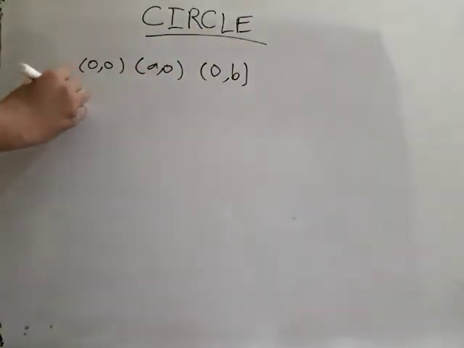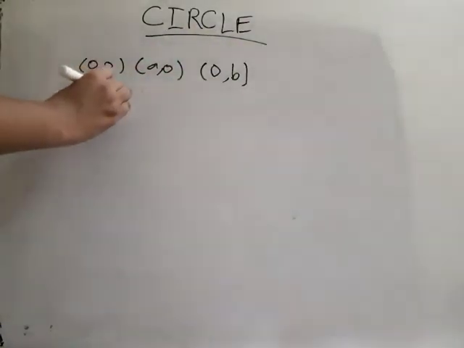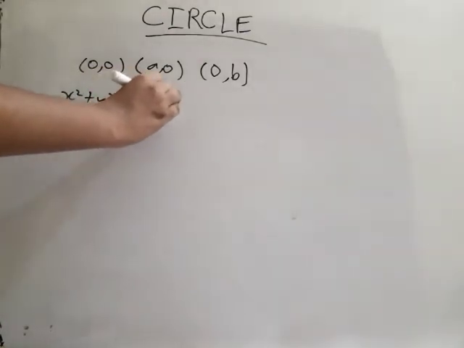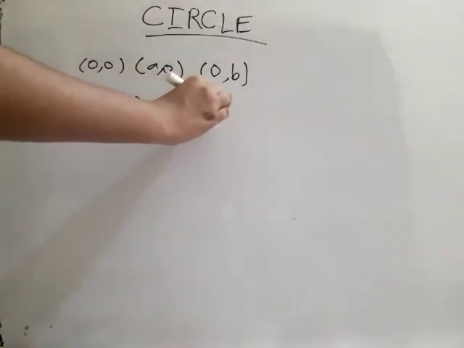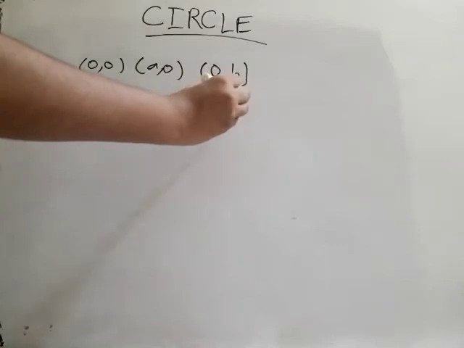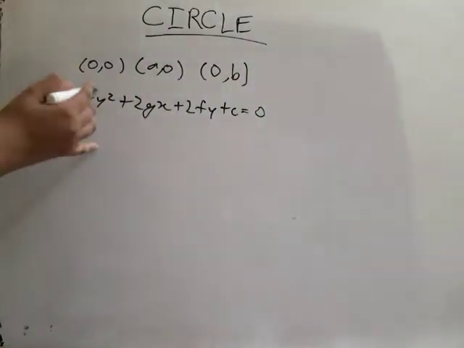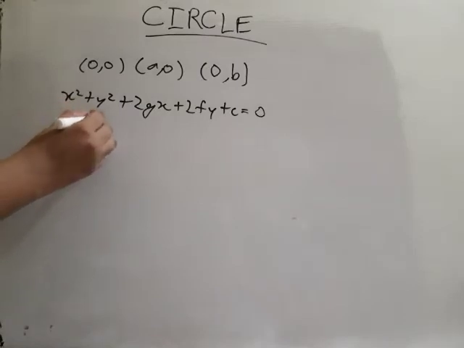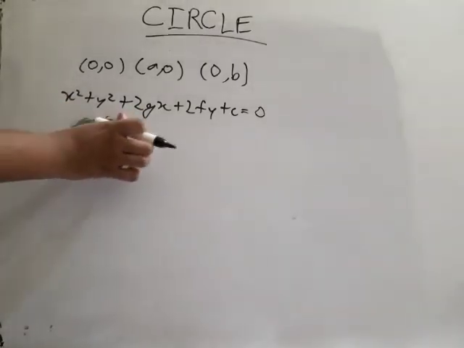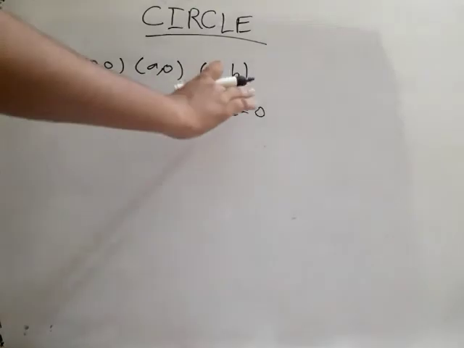We write the equation of circle x square plus y square plus 2gx plus 2fy plus c equal to 0, and we put the values. First putting 0 comma 0, we get c equal to 0. So c from this equation is gone.